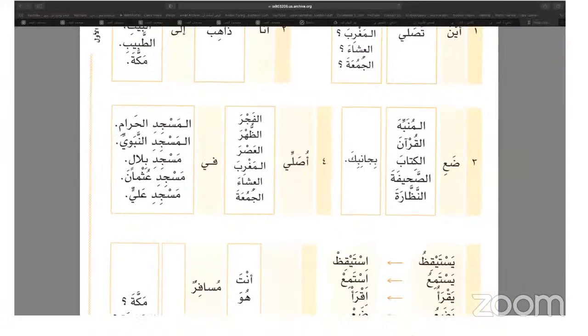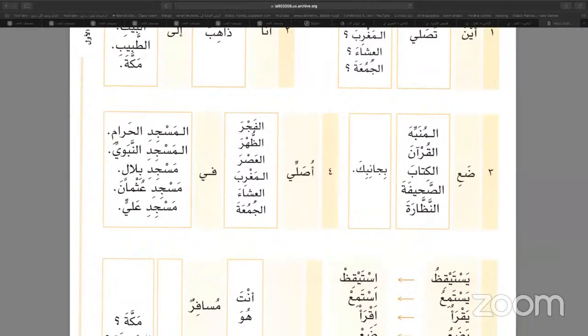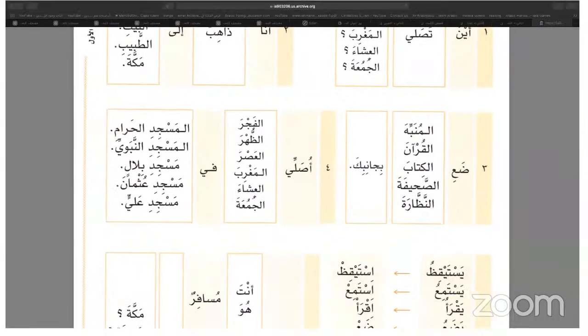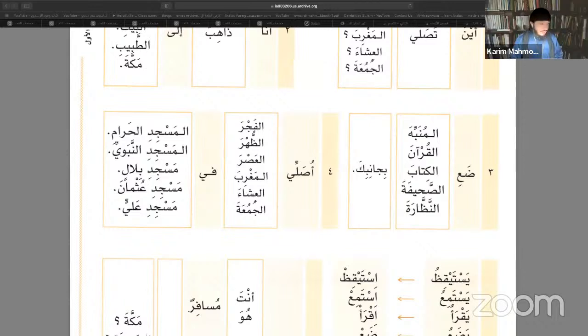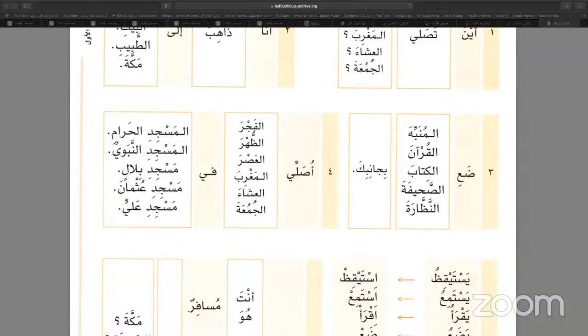Put the book next to you. ضعي الصحيفة. No. صحيفة بجانبك. And I forgot what صحيفة means. Sahifa means newspaper. Put the newspaper next to you.